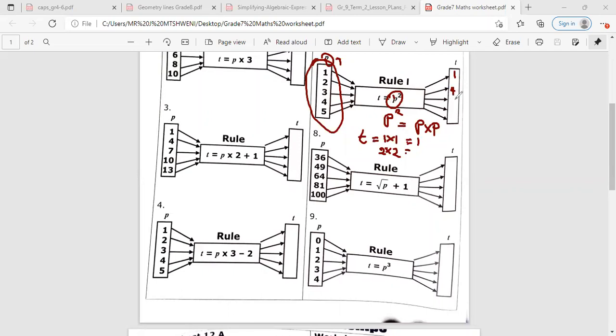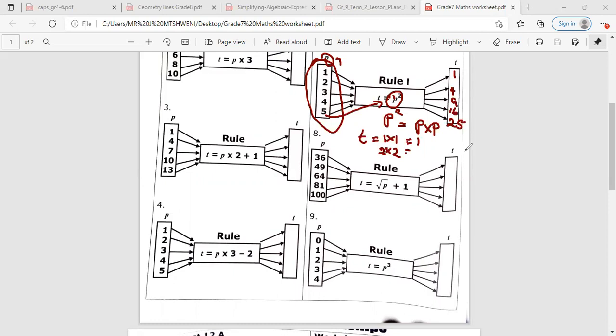You get 9. That is now 4 times 4, which is 16. 5 times 5, it's going to be 25. That's how we do that one.